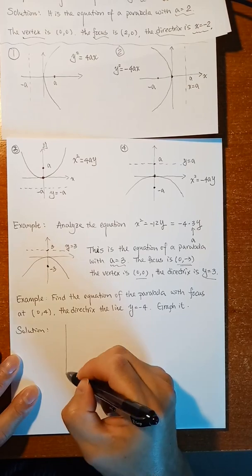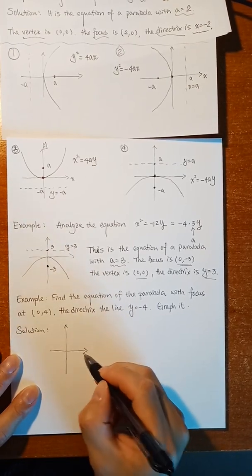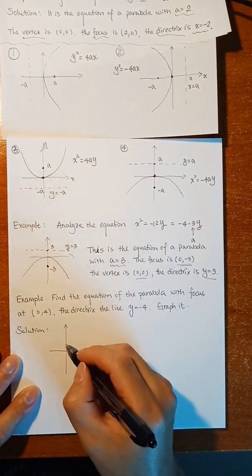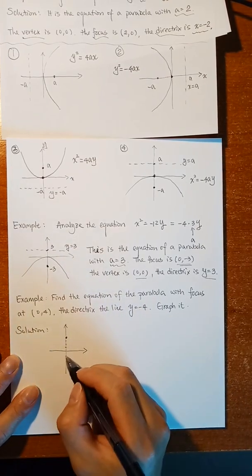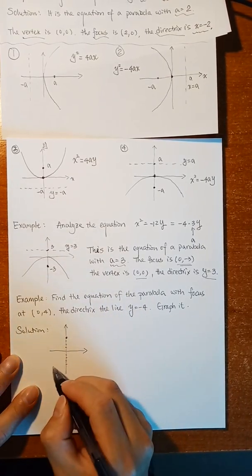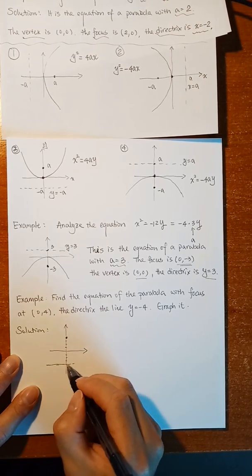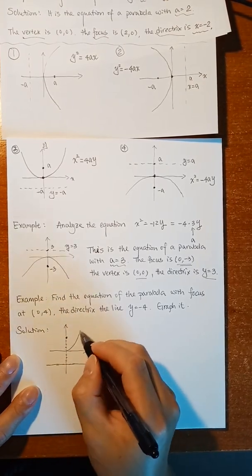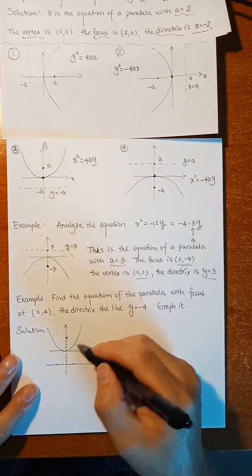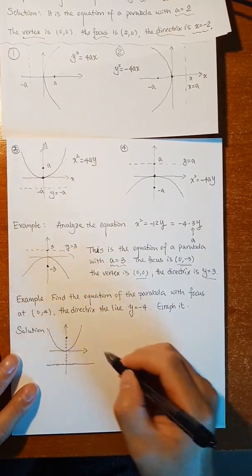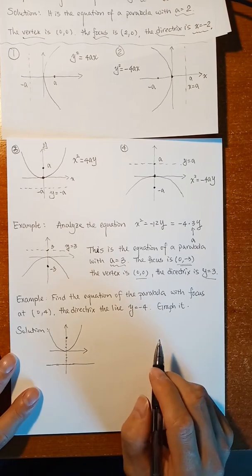Okay, so let's check. Focus (0, 4): 1, 2, 3, 4. Directrix y equal to -4: 1, 2, 3, 4, -4. Okay, so the graph will be like this. Well, just a sketch. It does not need to be precise.